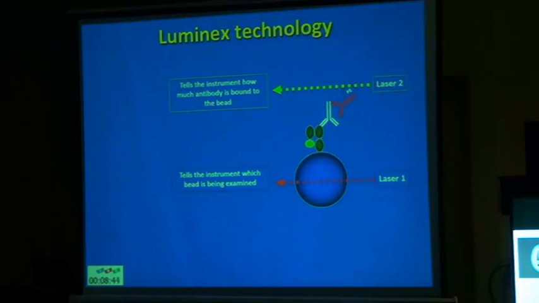This bead is coated with the HLA antigen to which the serum is added, and if there is antibody, it will become attached to this antigen, followed by addition of the conjugate, which is phycoerythrin conjugated. And the second laser tells the instrument how much antibody is bound to this bead.